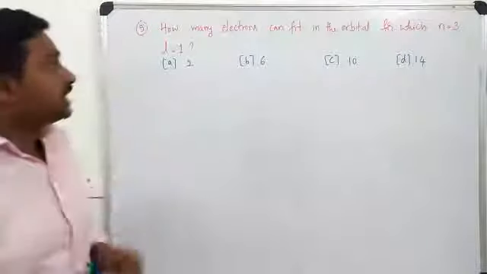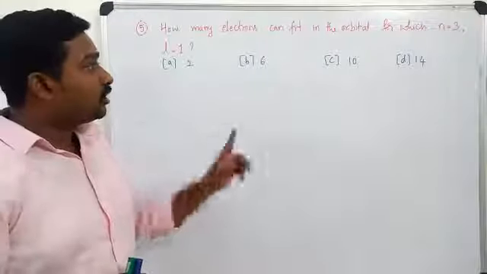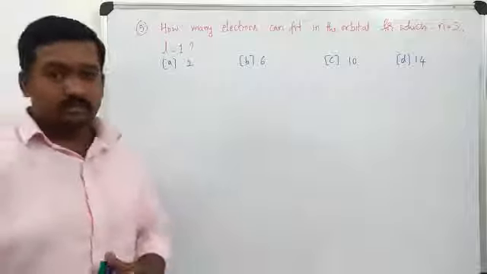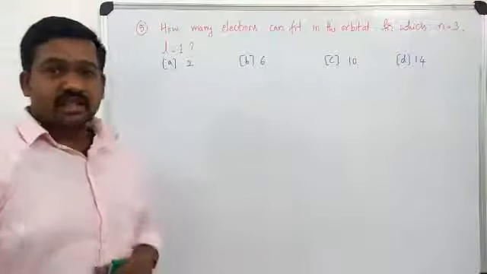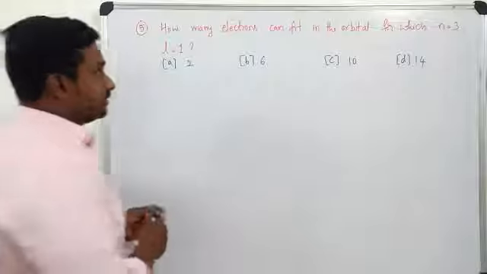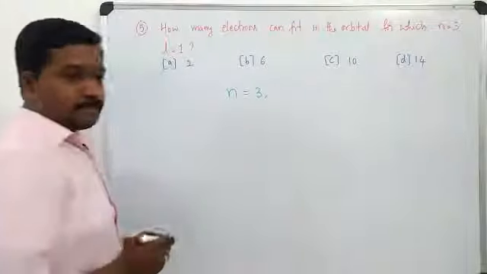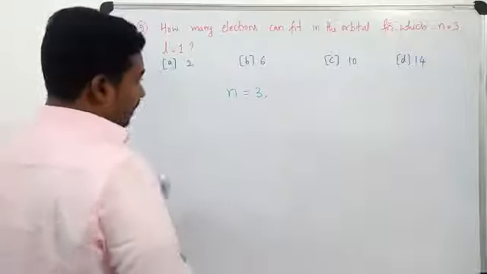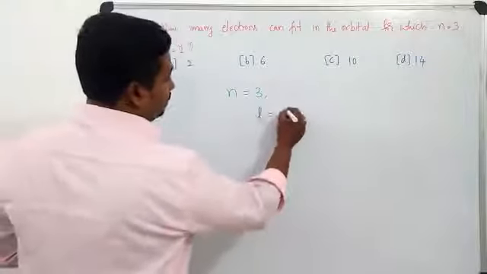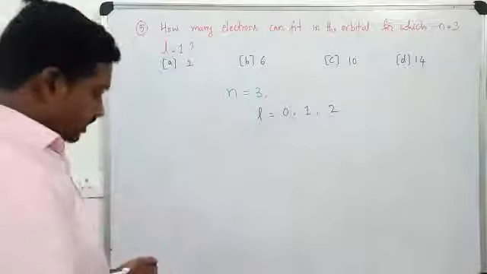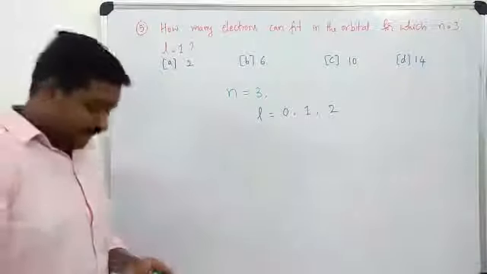How many electrons can fit in the orbital for which n is equal to 3, l is equal to 1? A little tricky question, I believe. Let's see. If n is equal to 3, we know that l values can be 0, 1, 2. Now the question is, how many electrons can fit?